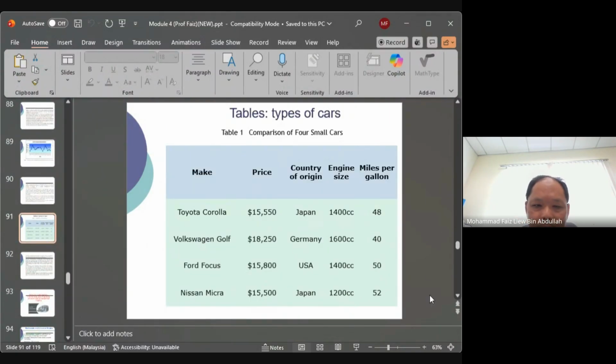Okay, this is another graph. Now we're talking about a table. How do you explain a table? A table is also important, especially when you do testing. The examiner would like to see a table of the parameters you set.